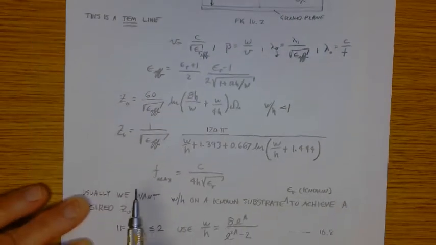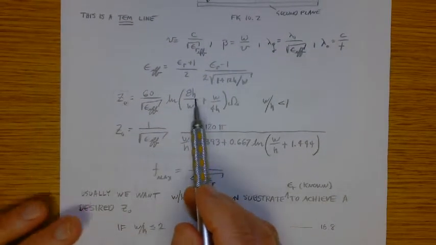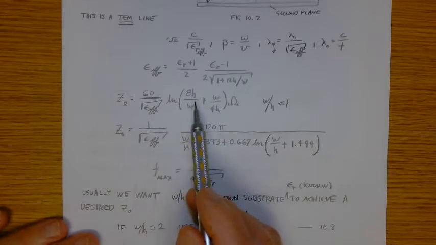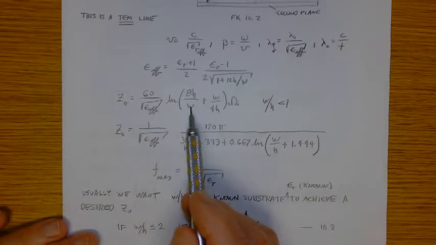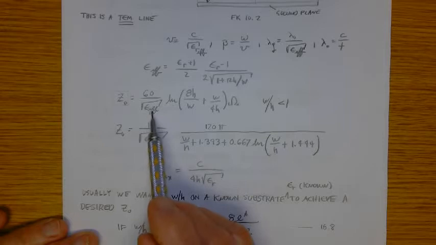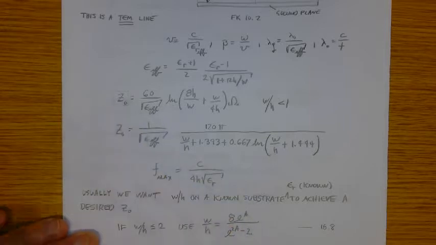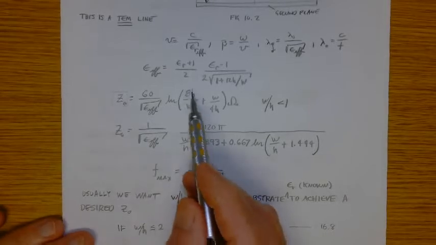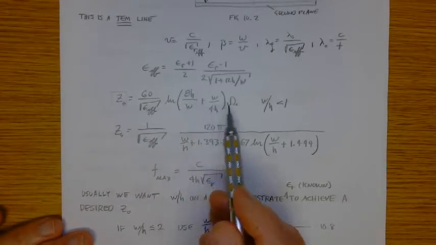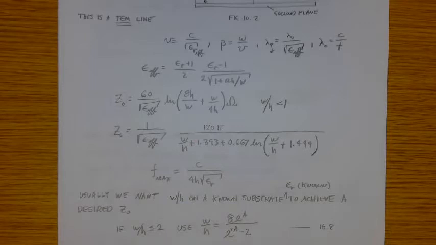We'll do an example coming up soon, and then we need to know what the height to width ratio is for a given dielectric constant to achieve that characteristic impedance. So we'll solve ultimately for W over H or H over W, the reciprocal.